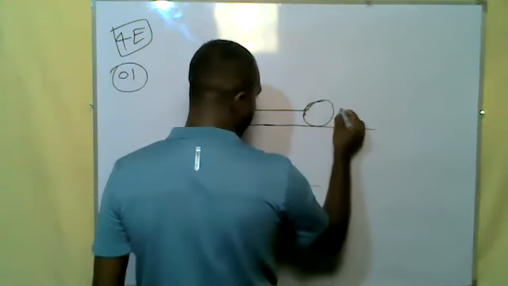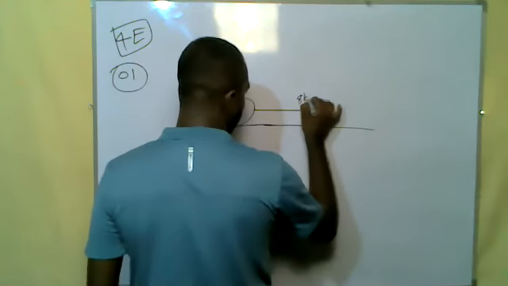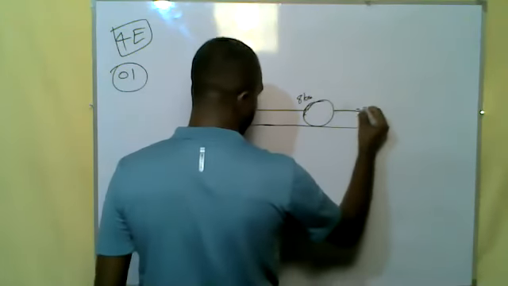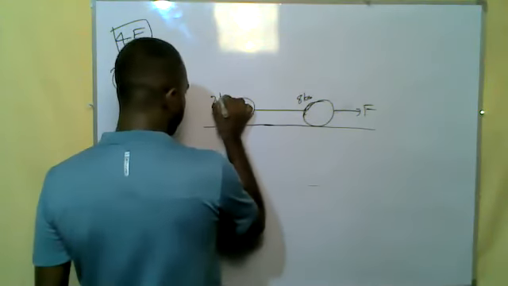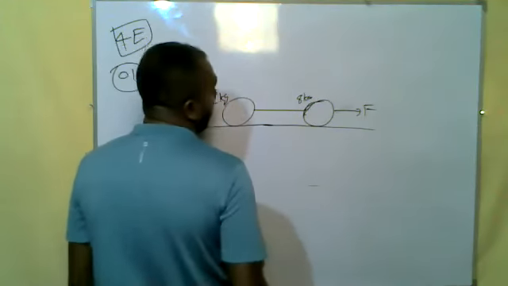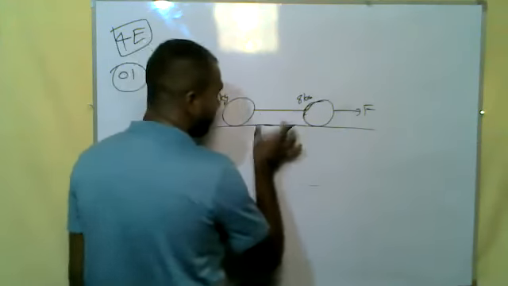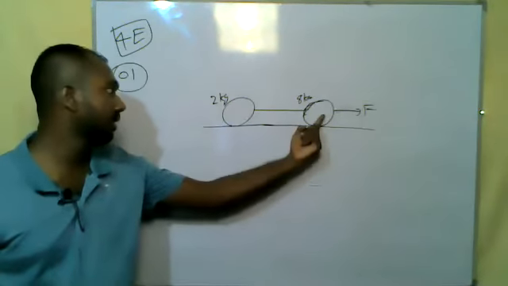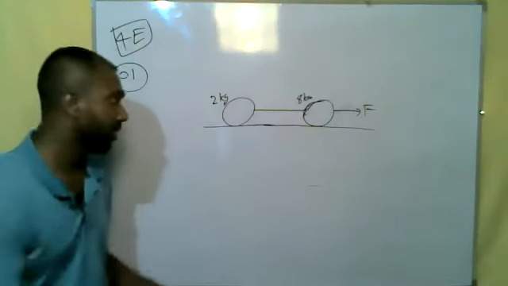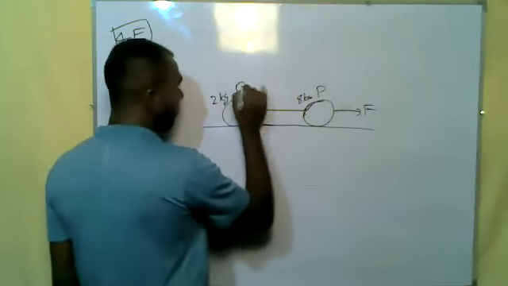One is 8 kilograms, and the other one is 2 kilograms. And what else are they saying? They are connected. Now see, there are two particles, one is 8 and one is 2 kilograms. The 8 one is P and the other one is Q, no?